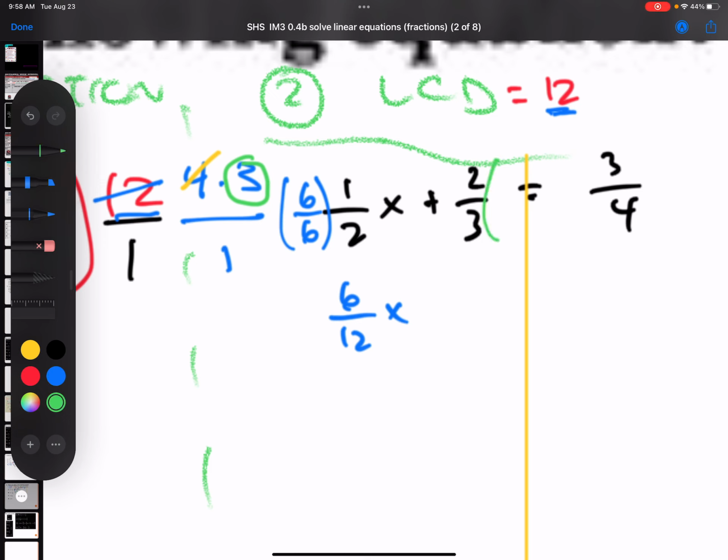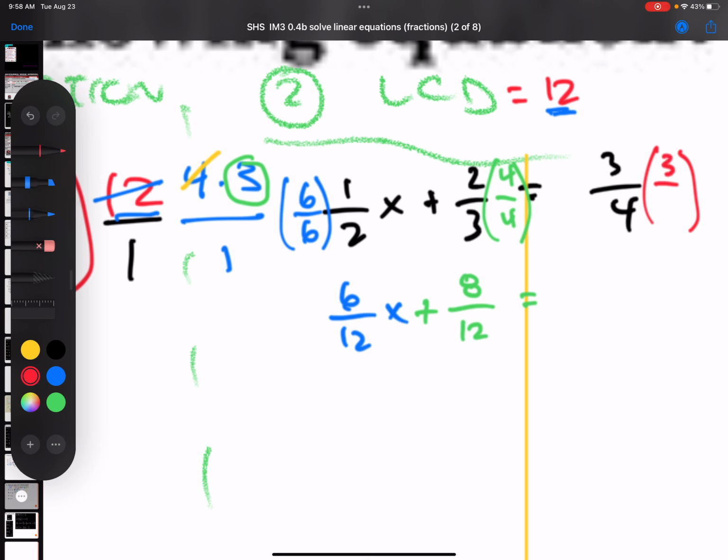Partner A, tell partner B, what number am I going to put here as my fraction? Ready, set, go. Show me with your fingers. Yep, that's right. 4. Multiply across, you get 8 over 12. Tell your partner, what am I going to write there in red?